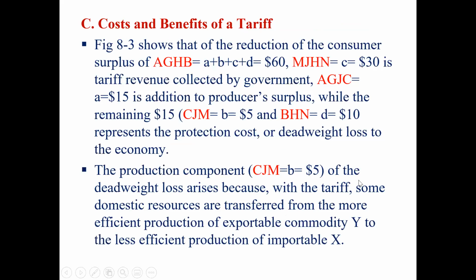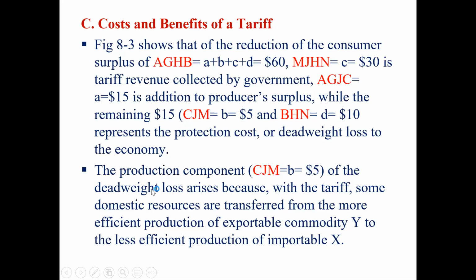Costs and benefits are presented with this diagram. The decrease in consumer surplus is equal to A plus B plus C plus D, which is equal to $60. Of this $60, MJHN, which is $30 and equal to C, is the tariff revenue collected by the government, and AGJC, equal to $15, is added to the producer surplus, while CJM, which is equal to B, and BHN, which is equal to D, total $15 and represent the protection cost or the deadweight loss to the economy.